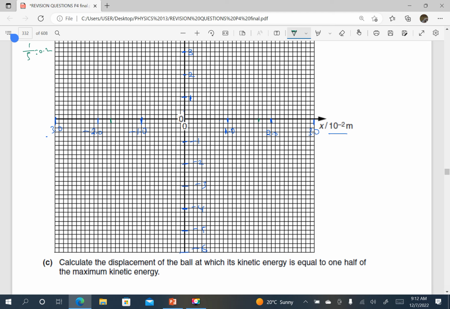So 5.2 against -1.7. I add one small square, so you think it is here. Okay, so what remains now is to draw the line. I have plotted these points. Of course, when the displacement is 0, the acceleration is 0.